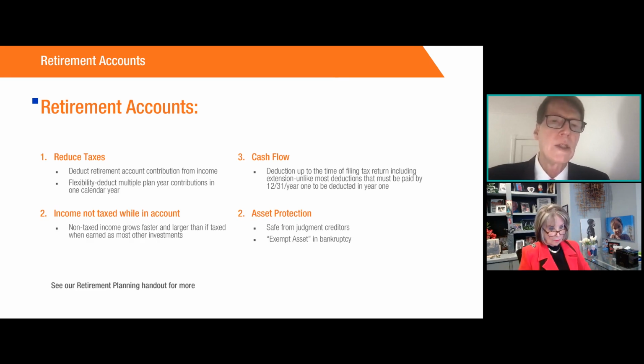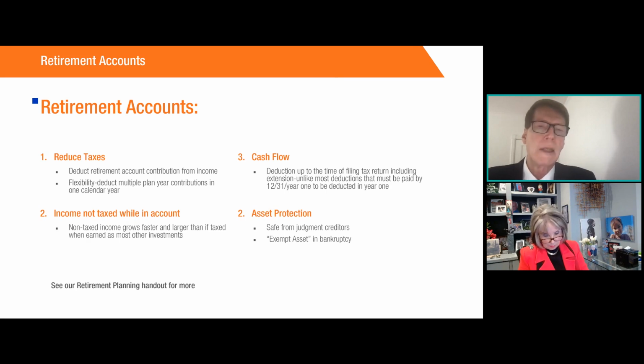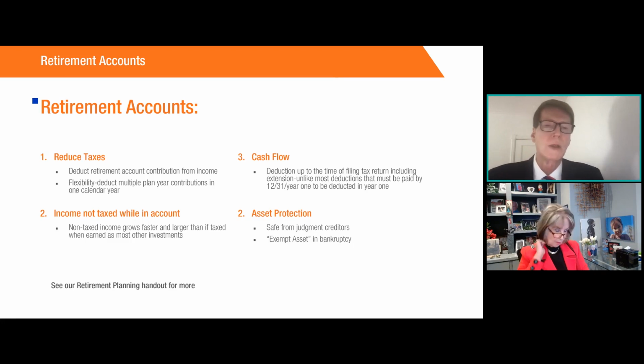And fourth is asset protection. Retirement accounts have special protections under the law. So what that means is if you get sued, remember you're a landlord or you're driving a car or somebody says you looked at me the wrong way and you get sued and the jury awards an amount in excess of your insurance, they can't touch your pension.